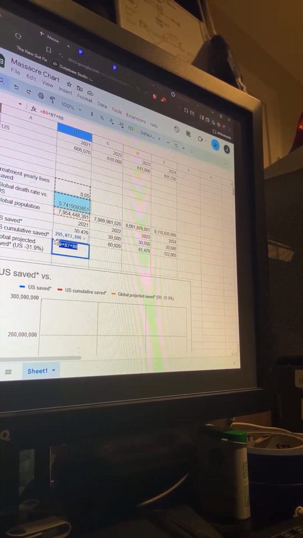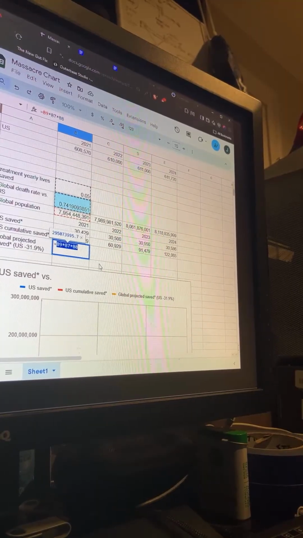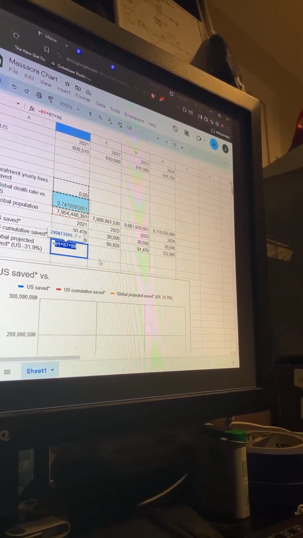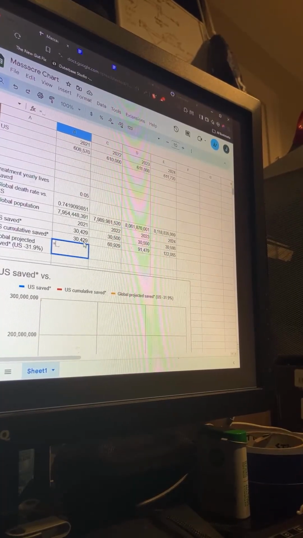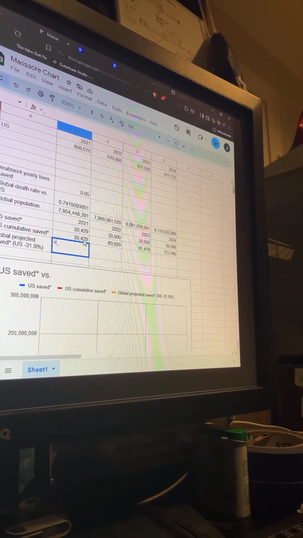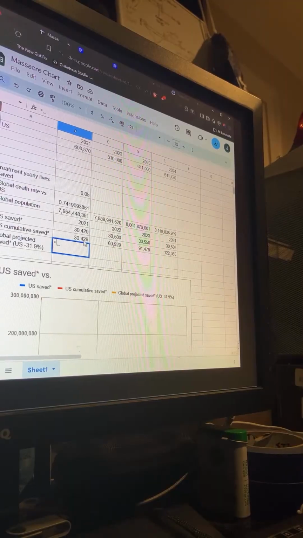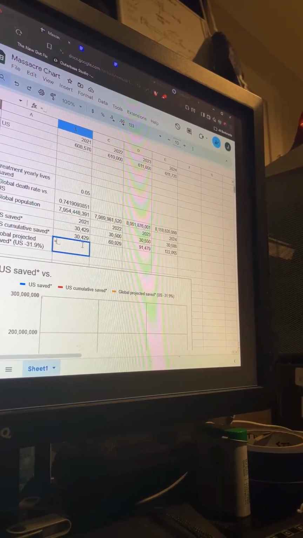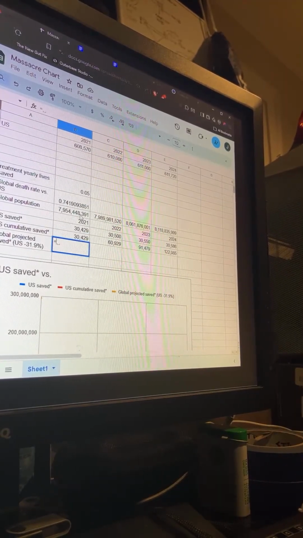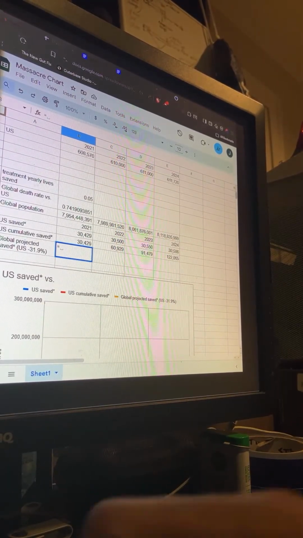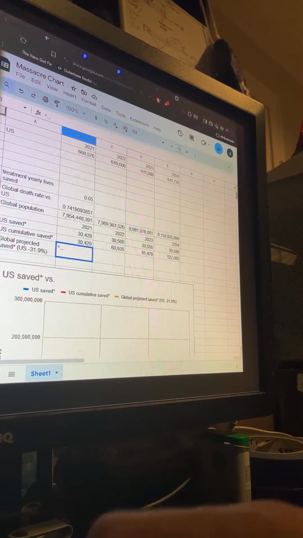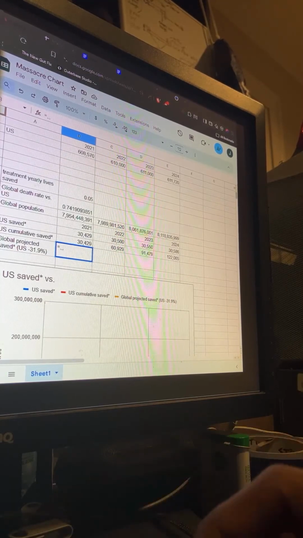So what we should actually be doing is we want to take our, so this was the overall global population. Let's see, U.S. population per year.